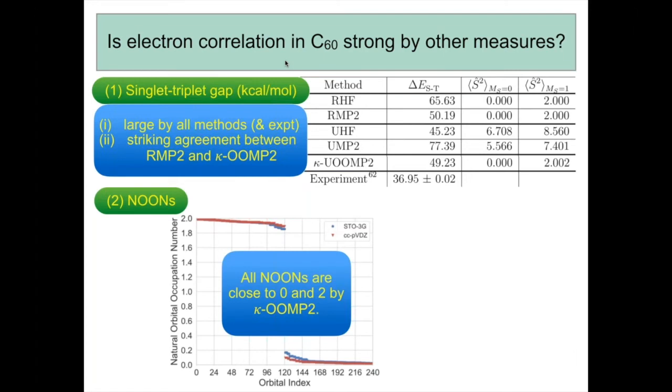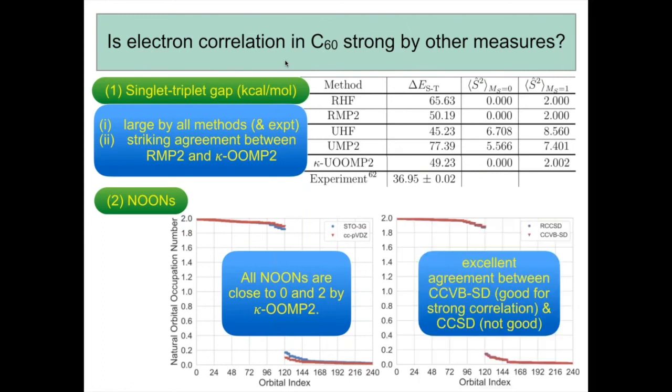You can also look at NOONs, natural orbital occupation numbers, and you find, of course, in kappa MP2, they're all close to 0 and 2, consistent with closed shell character. And then you can do it again with other more sophisticated and more expensive methods in Q-Chem, CCSD and also CCVB-SD.